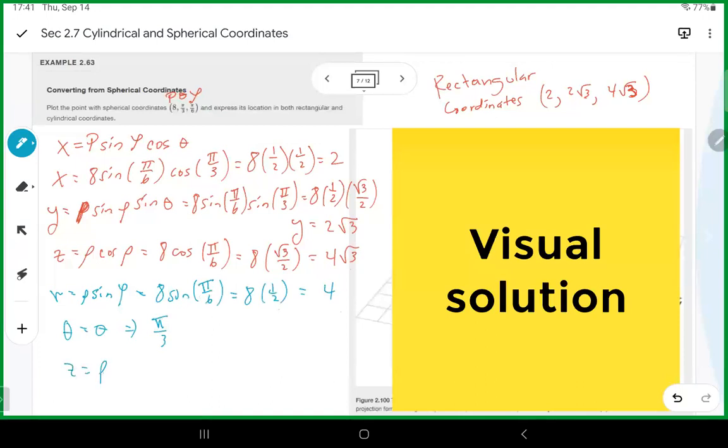Z stays the same. So then we would have cylindrical coordinates of 4, pi over 3, and 4 root 3. Okay.